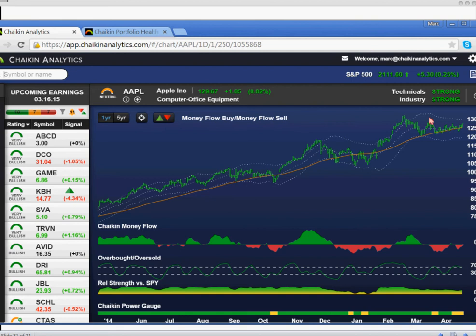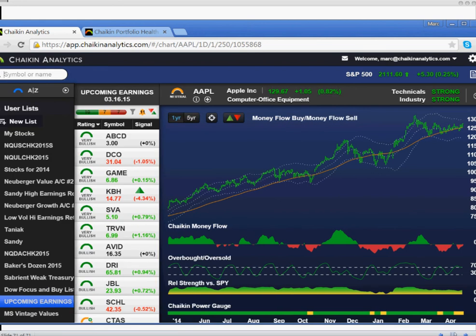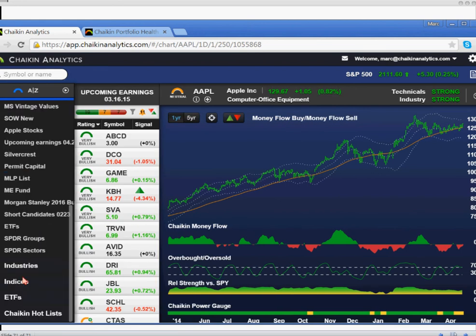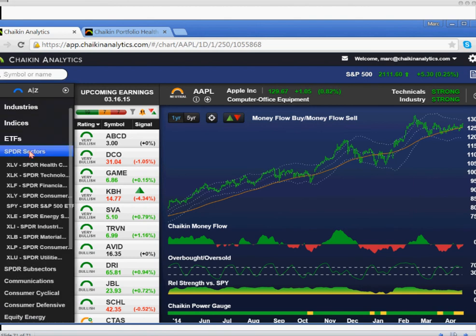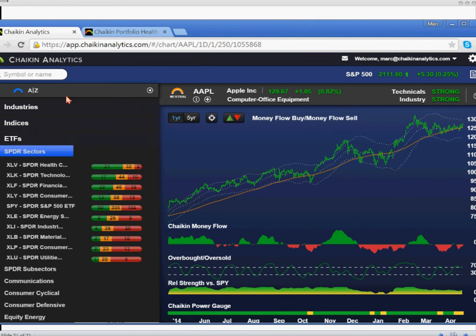So Apple is toppy. Now, that's affecting technology stocks in general because Apple weights these technology indexes. And here we see it. Remember I told you we look at the spider sectors to see where the money is going and where the potential is. So we rank them by power gauge rating. So technology is ranked number 2 with 7 bearish.